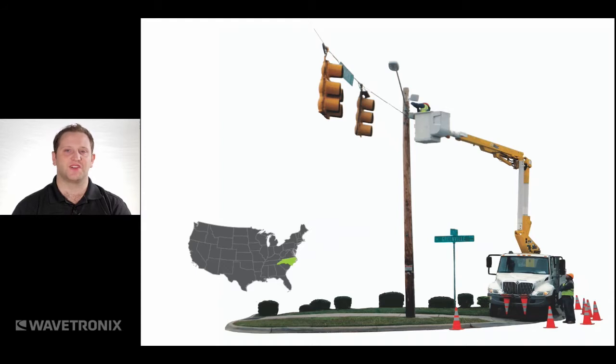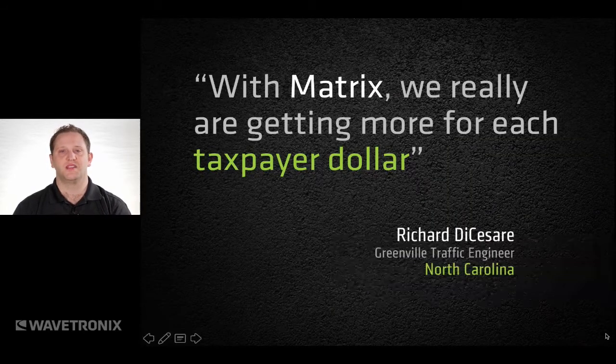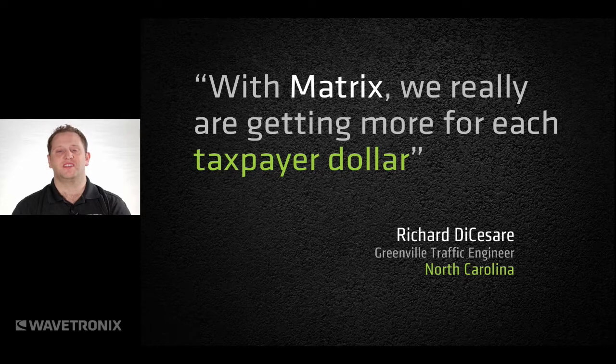One successful story comes out of North Carolina. In Greenville, North Carolina, the city is replacing loops with the SmartSensor Matrix for stop bar detection, and it's saving a lot of tax dollars by reducing maintenance costs as well. Richard, the Greenville traffic engineer, who actually signed up for this webinar, so he might be on right now, said, we're always looking for ways to do things better and more cost effectively, and the SmartSensor Matrix makes that possible.